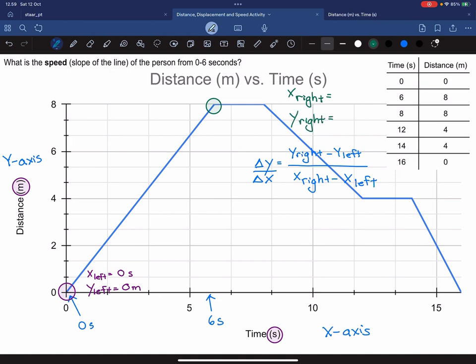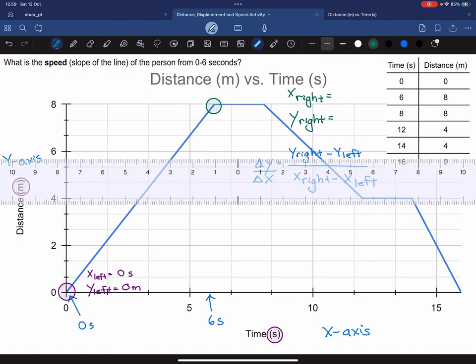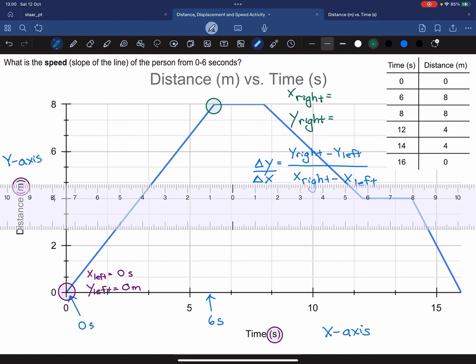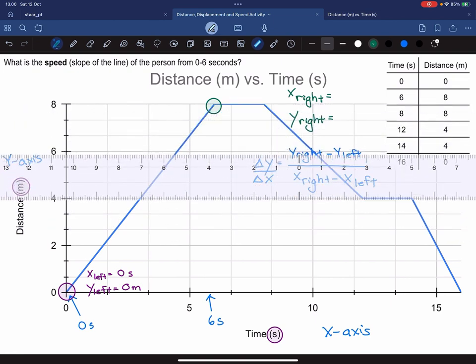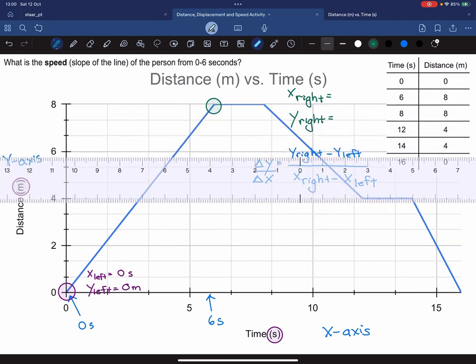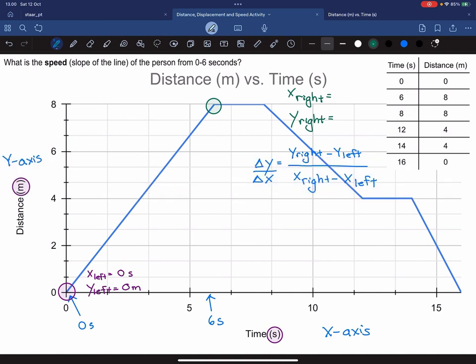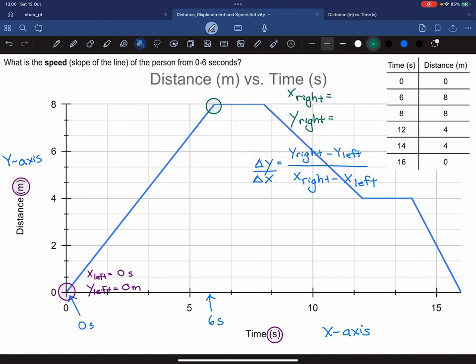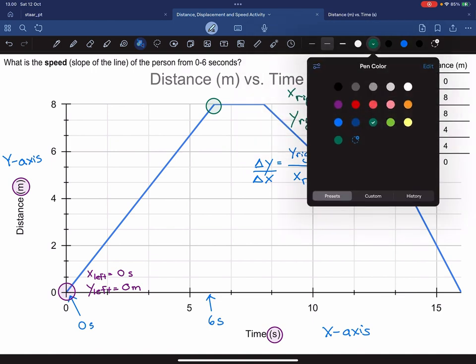Now this is where you're going to probably need to break out your rulers, okay? I have a ruler here I think I can use. It will allow me to move it, but it won't allow me to shift it. All right, so I'm not going to be using my ruler. This is where you would use your ruler. I'm going to use a red line for that, okay?